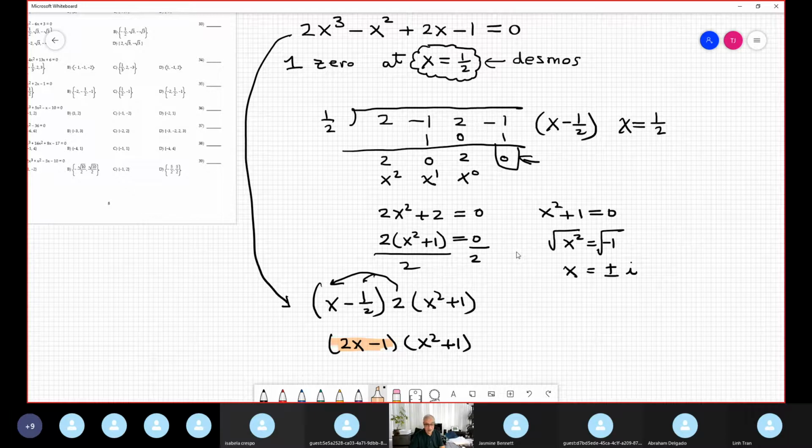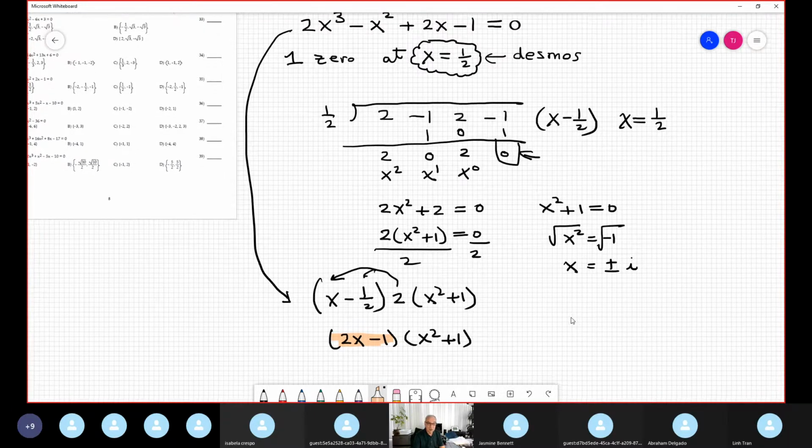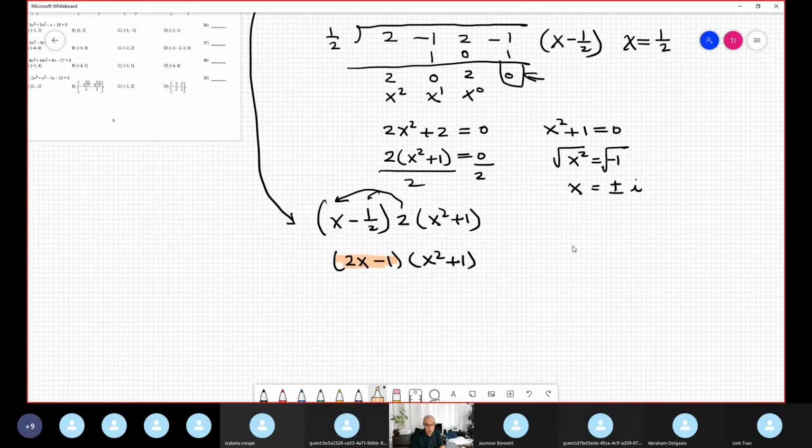So actually, this is the factorization in the real field. Suppose another kind of question, they say, well, factorization in the complex field. Okay, good. I do 2x minus 1 is the real part, and you break down this in two pieces, x and x, and the solution is plus and minus i.